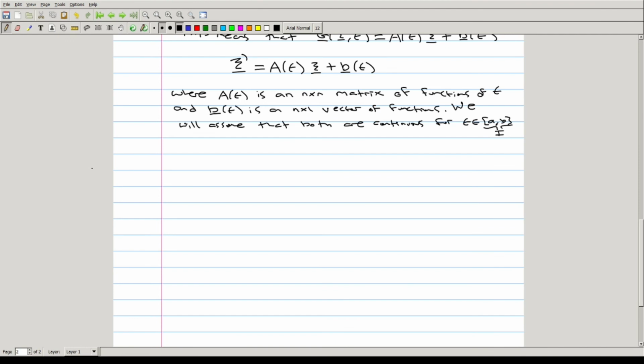So if we list out the component form, so you do the matrix multiplication out and list out what this is saying, this is the following.